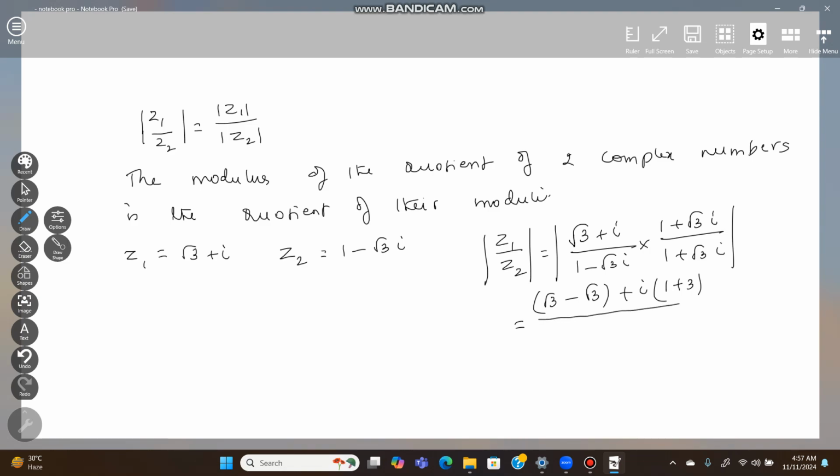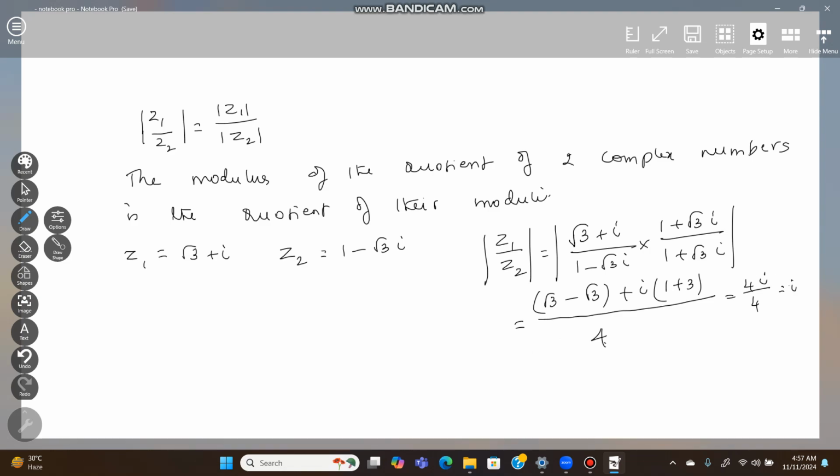And the denominator is of the form a plus b times a minus b, which is a square minus b square, or 1 minus 3i square, which will therefore become 1 plus 3, or 4. So what I now get is 4i by 4, which is equal to i.